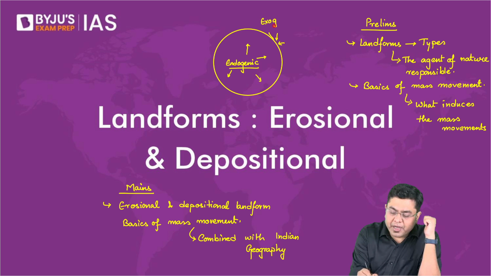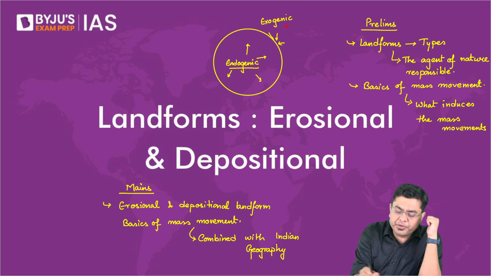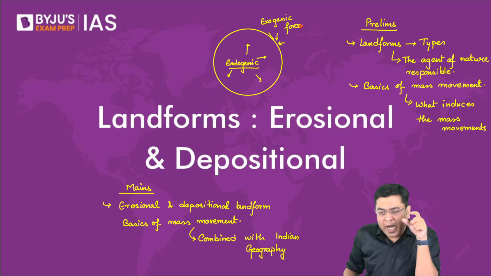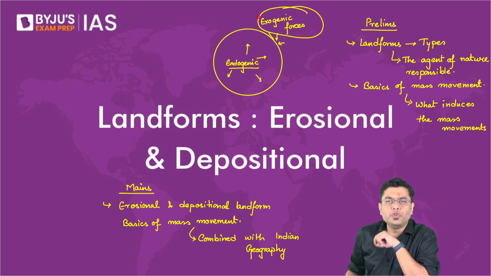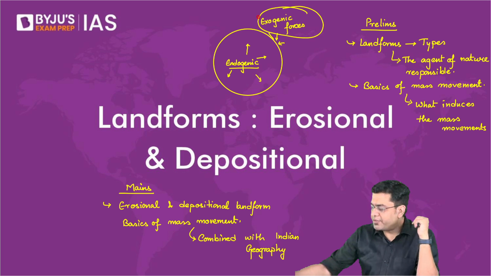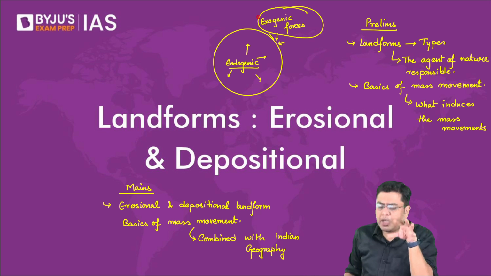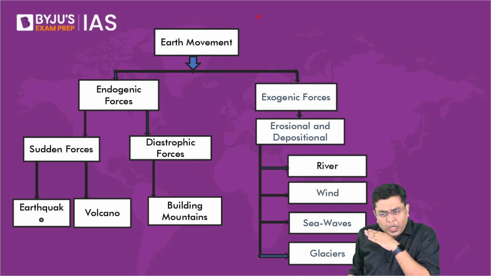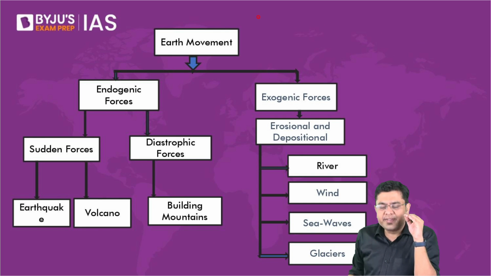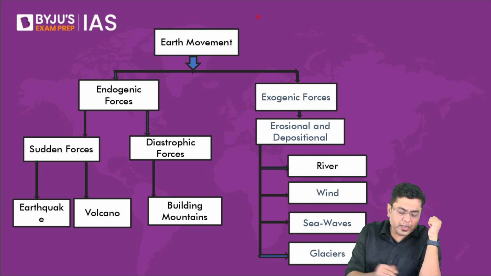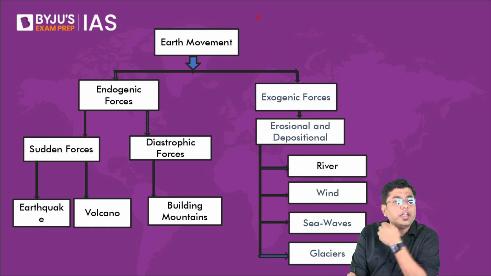While we have covered endogenic forces in significant detail, now we will be talking about exogenic forces today. And with that, we are going to address the various landforms which are created. Broadly, you will observe that all the various influences on the Earth's surface are a product of either endogenic or exogenic forces.